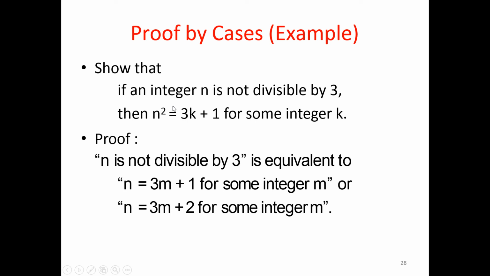Now, if n is an integer which is not divisible by 3, then n can have two forms. Either n can be written as 3m plus 1 or n can be written as 3m plus 2. There is no third form for an integer which is not divisible by 3, where m is an integer. So we'll discuss both the cases in order to prove this statement.